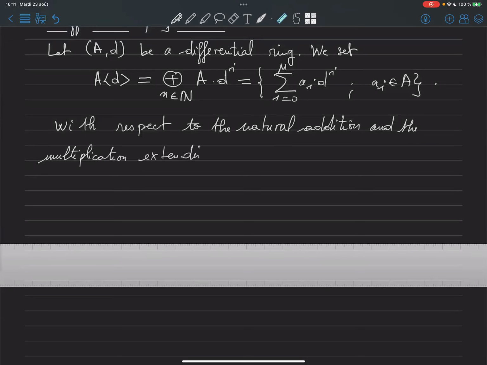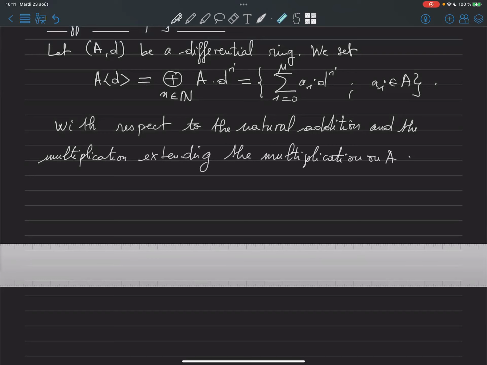It just means that if you multiply two elements of A, then it's the usual standard multiplication.